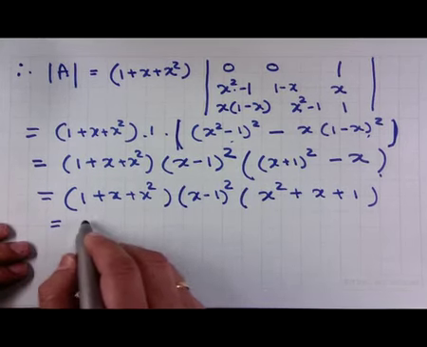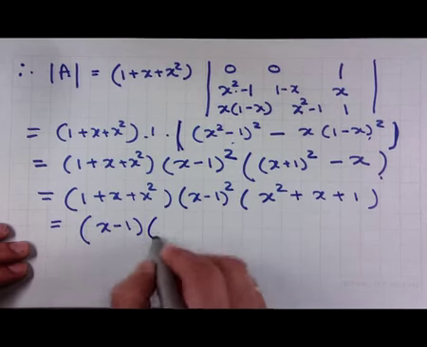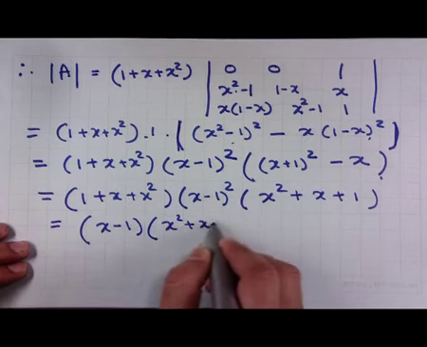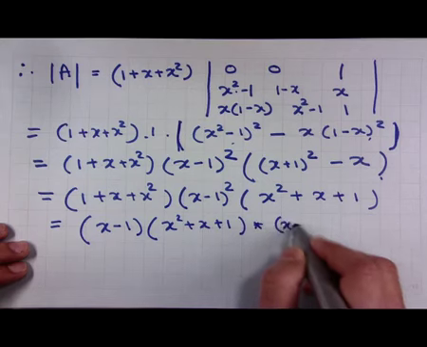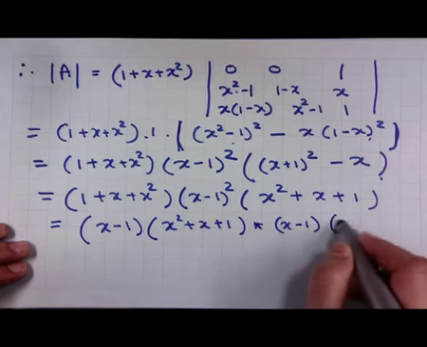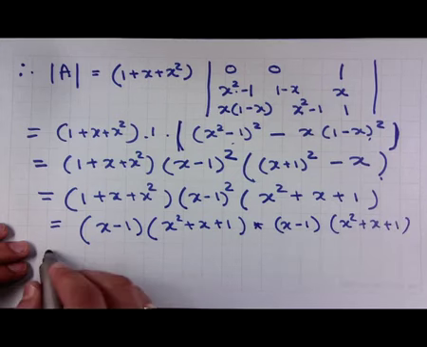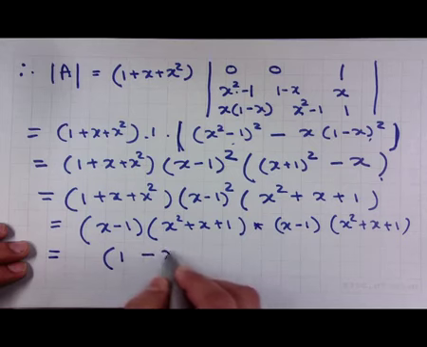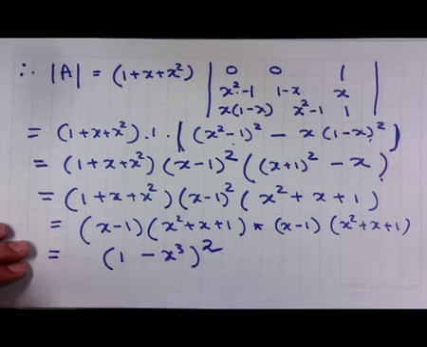This is equal to x minus 1 into x square plus x plus 1 into another x minus 1 into x square plus x plus 1, which is equal to 1 minus x cube whole square.